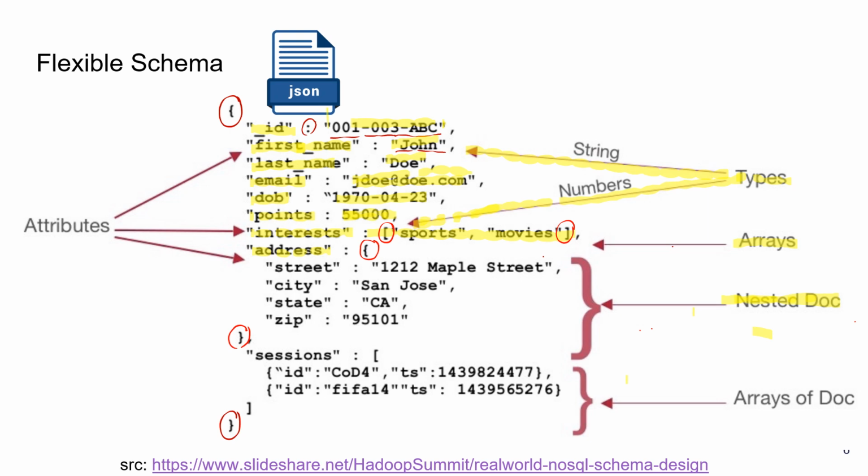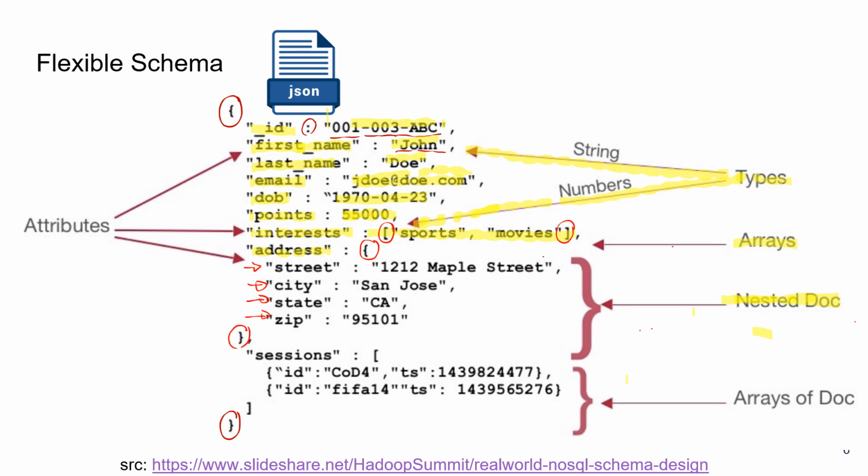That means anything inside this document for the address can be a nested document that follows JSON structure. So it can have another set of attributes and values, such as street with the value 1212 Maple Street, and the attribute city with the value San Jose, and so on.